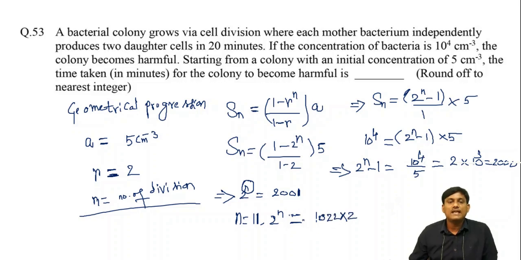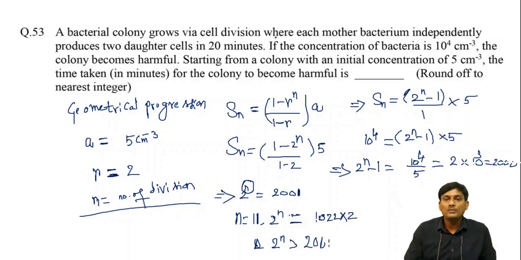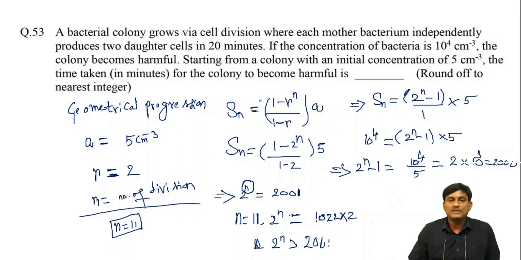So this one is greater than, in this case 2^n is greater than 2001. So how many minimum divisions are required? The minimum cell divisions required is n is equal to 11. Okay, after 11 cell divisions, the concentration will be more than 10^4 cm^-3.